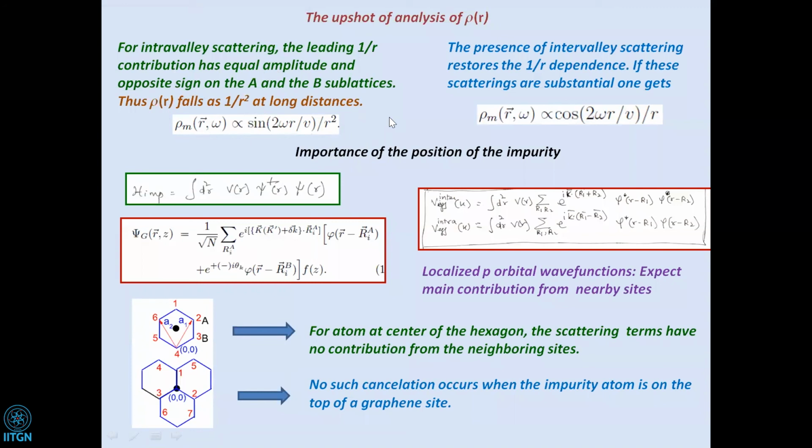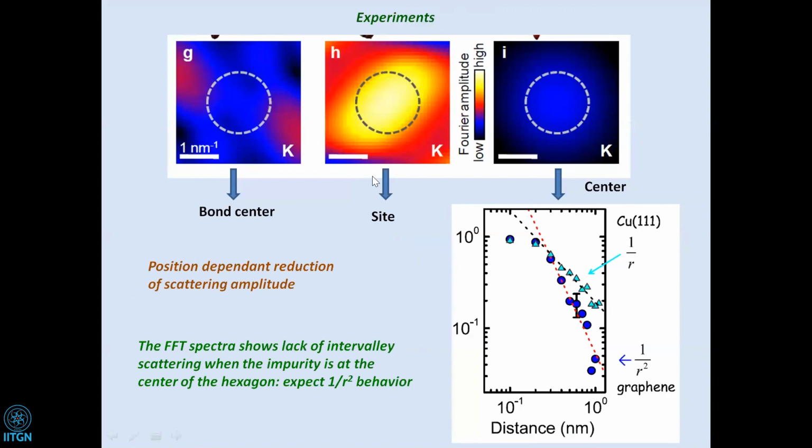Now, if you look at the Fourier transform of these quantities, that is the Fourier transform of rho n, if this quantity dominates, you are going to see a completely different behavior because of this 1 over r behavior compared to this 1 over r squared behavior. These Fourier transforms are calculated, and people see that if the graphene electron is in the center, then they see a behavior like this, where the scattering amplitude is large at small momentum, and it decreases very fast as you go out.